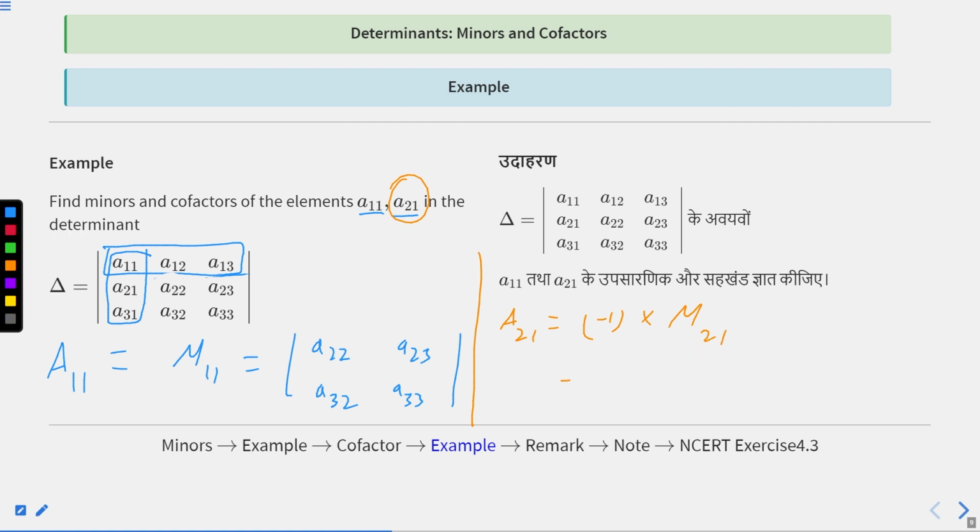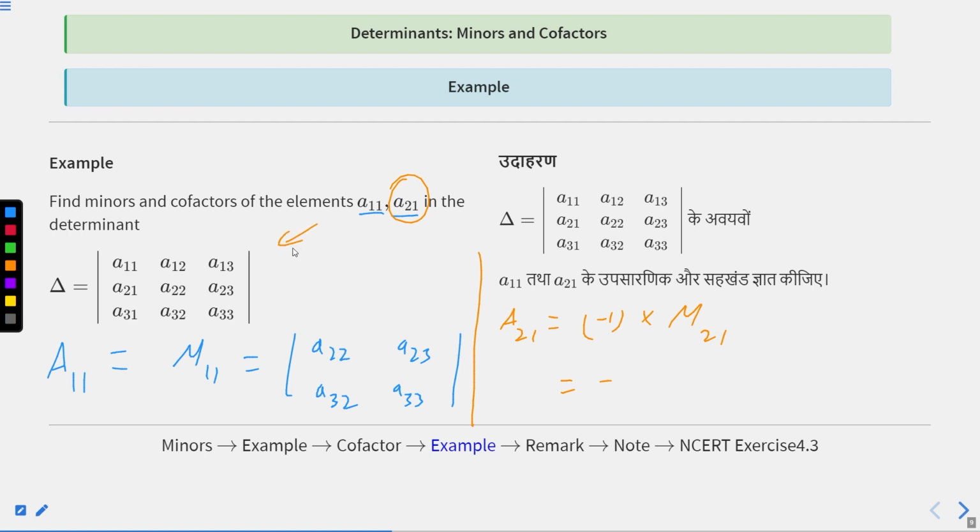M21 means you have to evaluate a 2 cross 2 determinant. From where?